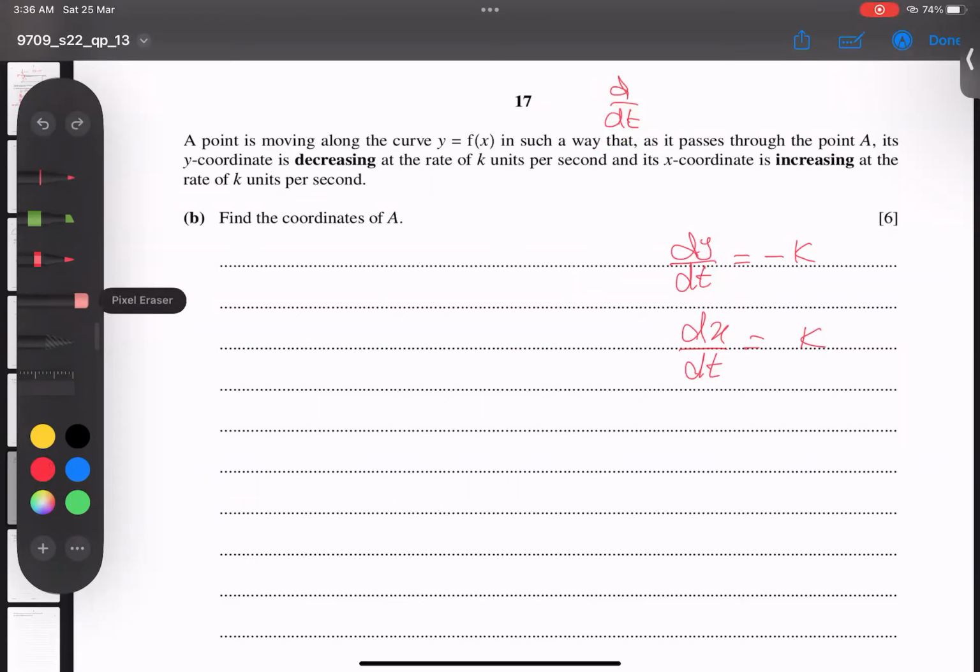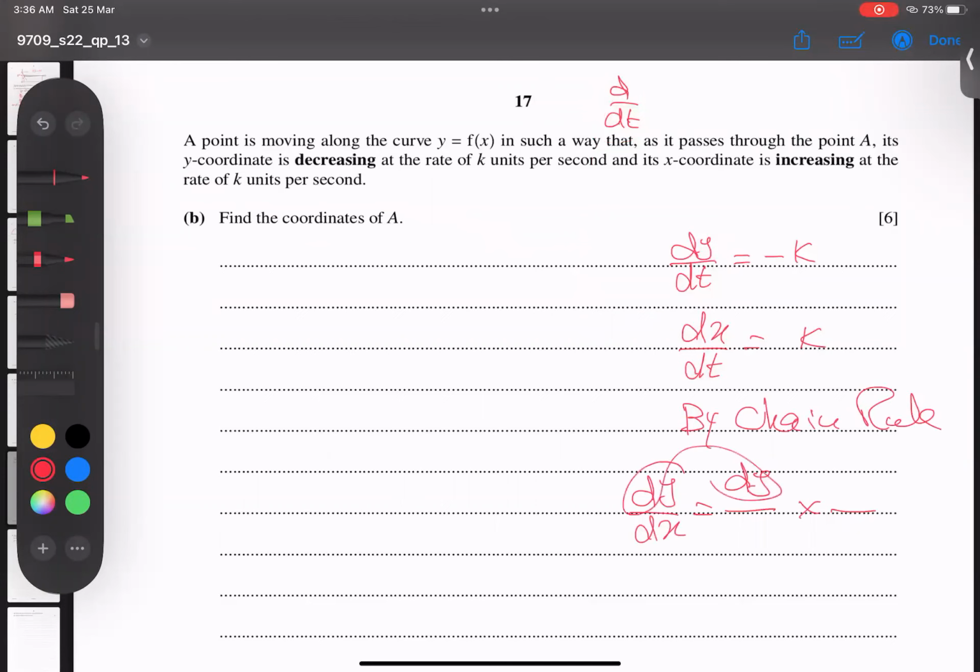I hope the point is very clear. And now how can we utilize these? We write the chain rule. By chain rule, because we want the coordinates, I can write the chain rule in many ways, but for dy over dx, I write it this way. This dy comes in the first numerator, and this dx comes in the second denominator.